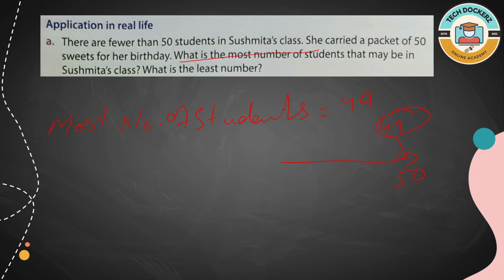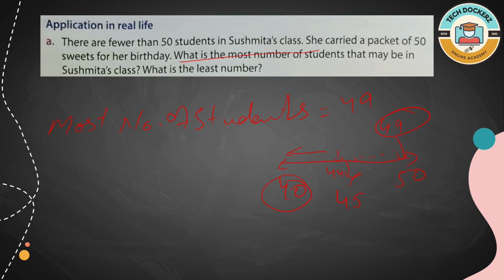All right. And any value which is less than 49 will be our least number of students. So let's consider we have one point which is 40 and the midway is 45. If we consider 44 as our least number, then it will round to 40, which cannot be in our case.